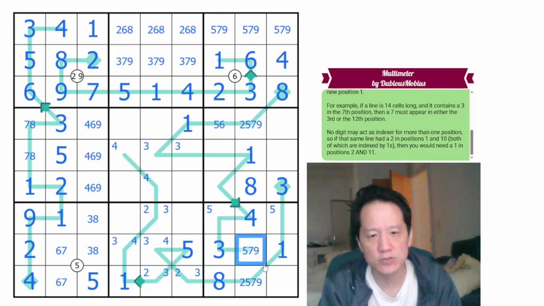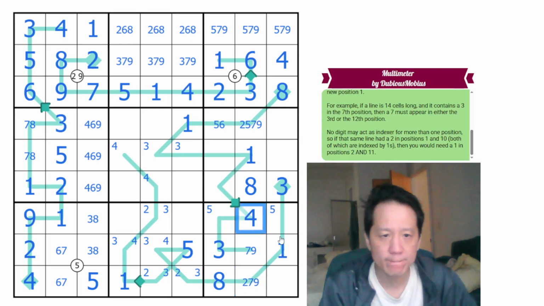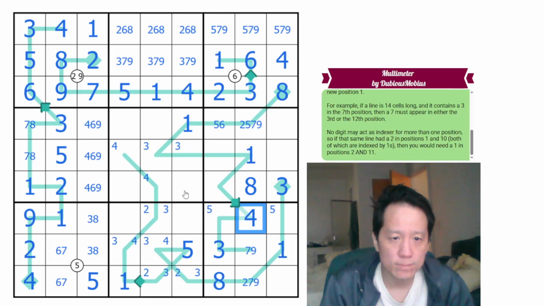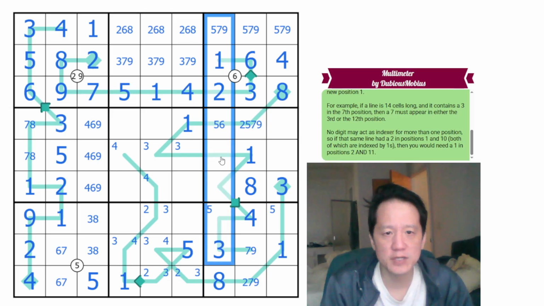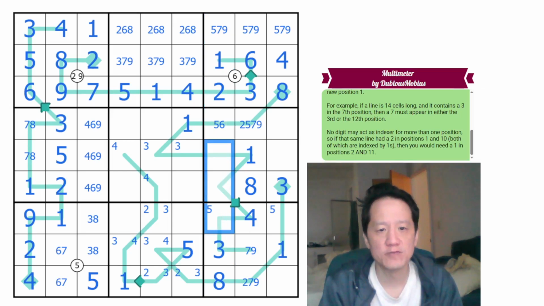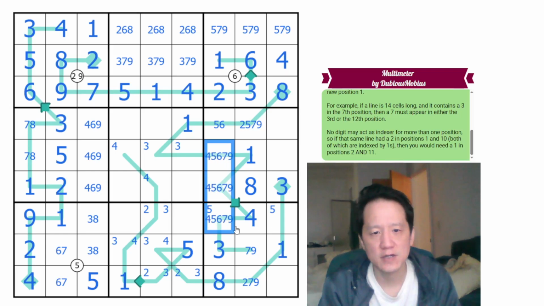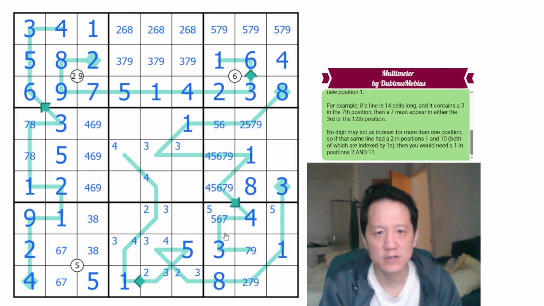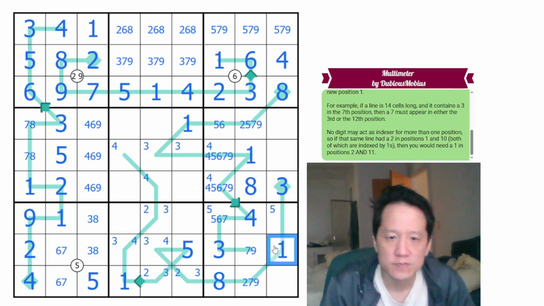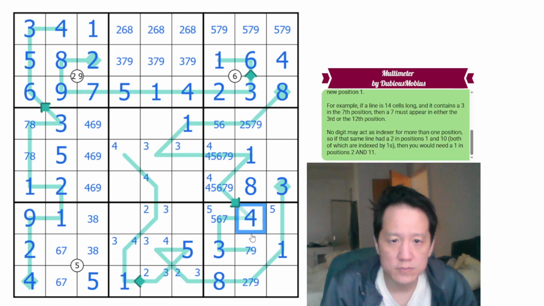And this can't be 2 or 5, and this can't be 5. The remaining digits along column 7 are 4, 5, 6, 7, 9. And this can't be 4 or 9. So 4 has to be one of these two cells. And it is 7 or 9 indexing it, right?